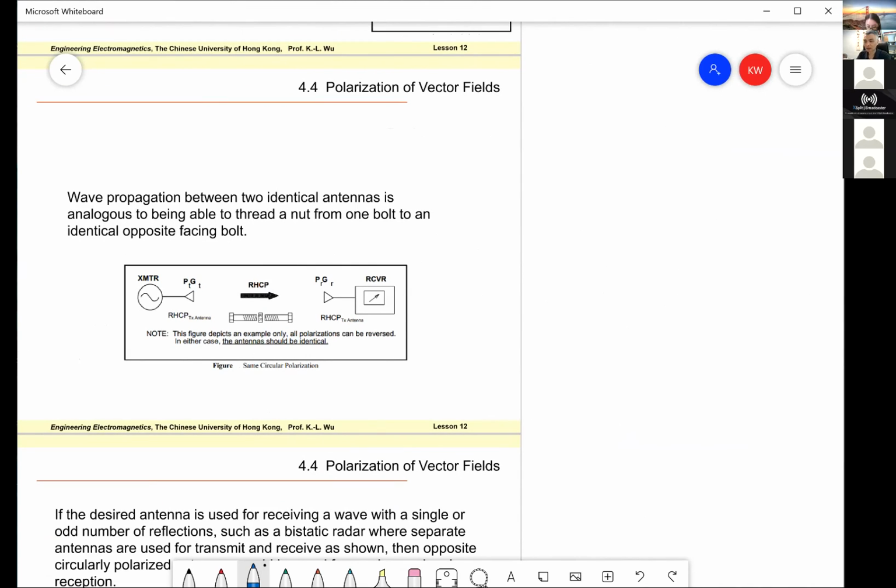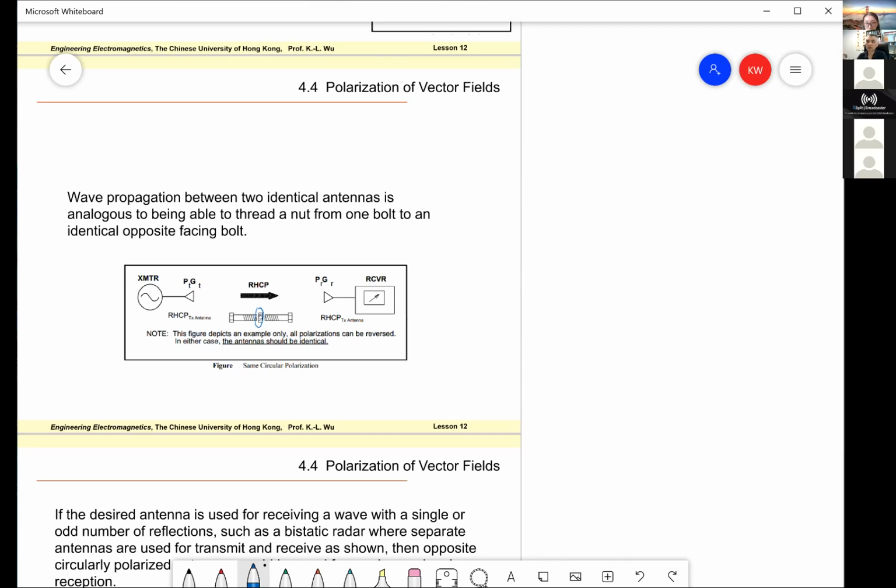A good analogy is a nut and a screw. If you thread a screw into a nut, we never care which side of the nut you thread the screw into, because you always use the clockwise direction to thread in and the counterclockwise direction to thread out.